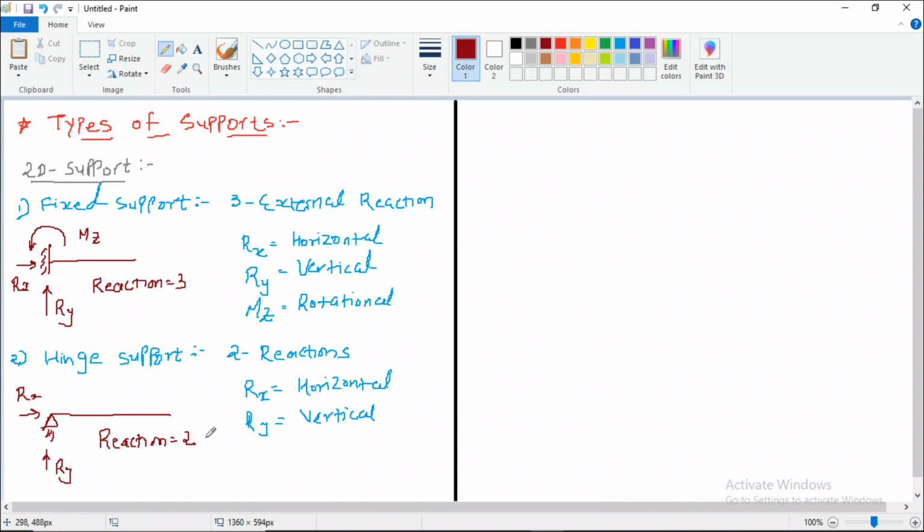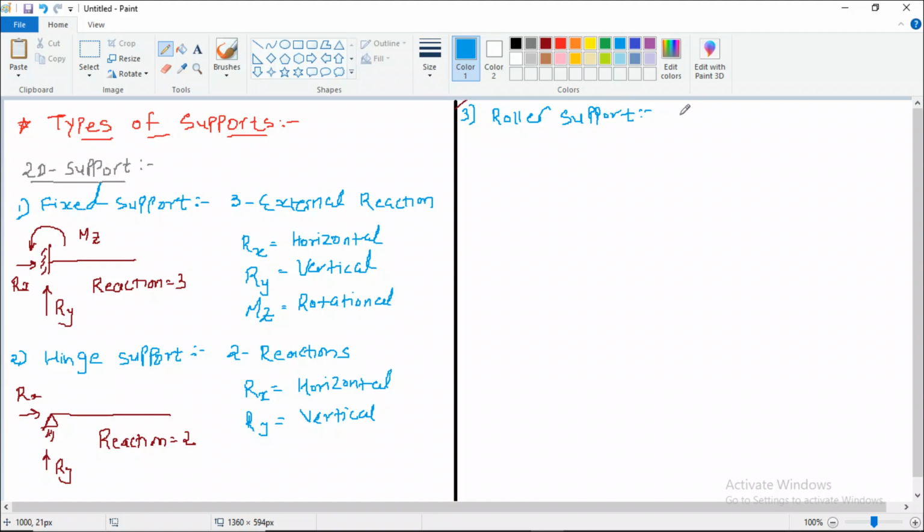Then third type is roller support. So what happens in roller support? So at roller support only one reaction which is perpendicular to the support is possible.